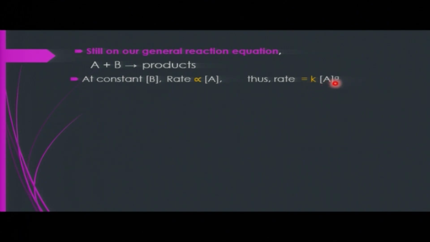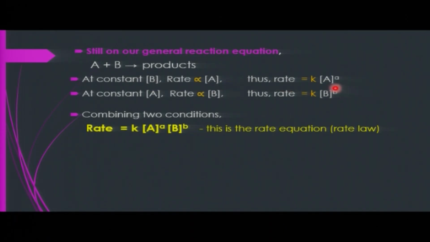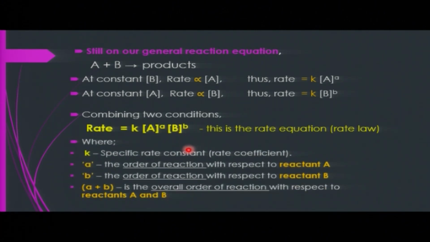The power a is raised to the concentration of those reactants. Suppose we also make A constant and consider B, the same thing. When you combine those two conditions, it gives us the rate equation which we have here. So let's understand what a is, what b is, and what they imply.